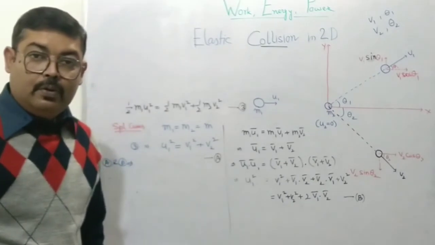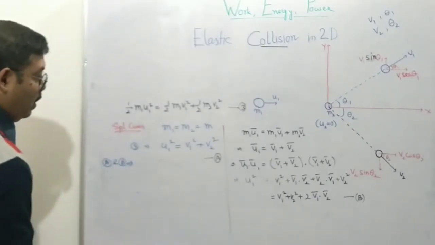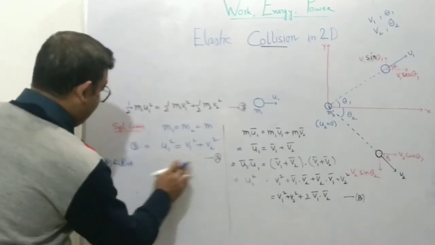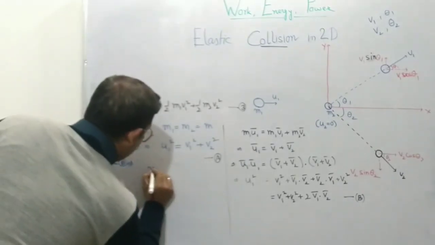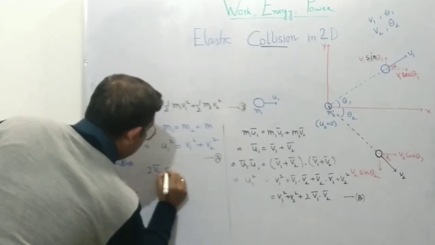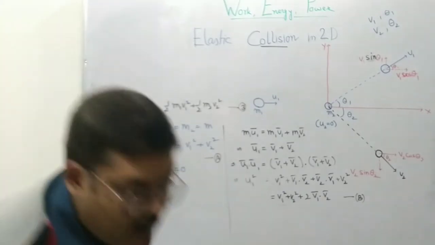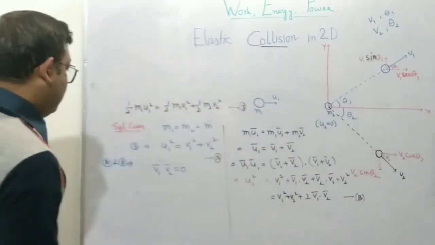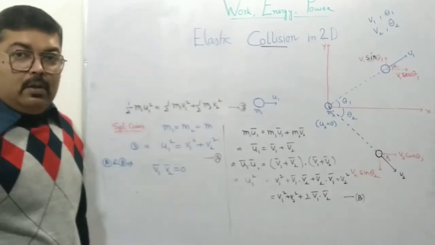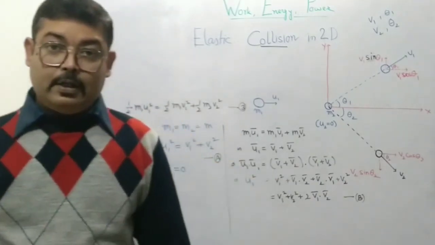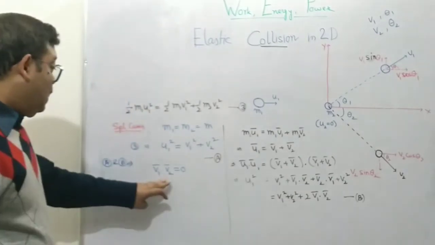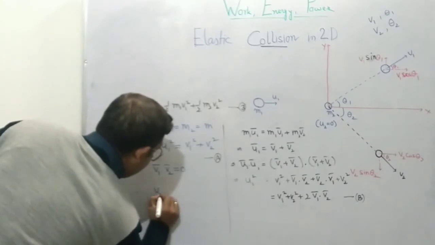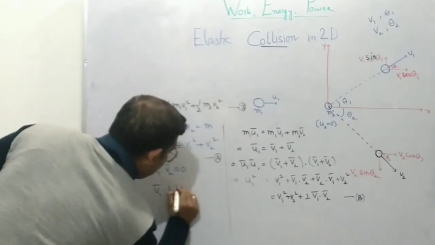Using equations A and B, we can simply say that 2 V1 dot V2 equals 0. We can divide by 2 also and we get V1 dot V2 is 0. But we know V1 and V2 are non-zero vectors. So what should be the condition under which this is possible? There is only one condition under which that is possible, which is V1 is perpendicular to V2.